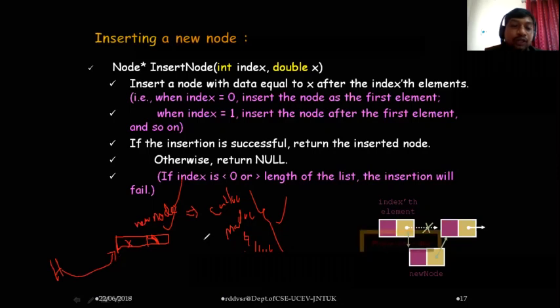Now if you want to insert one more element, create a new node. This is my new node. Now insert your new element, say y. New node next is null. Now the header node next is initially null. Now the header node next points to the newly inserted element, that is y. This is how we'll insert the elements.